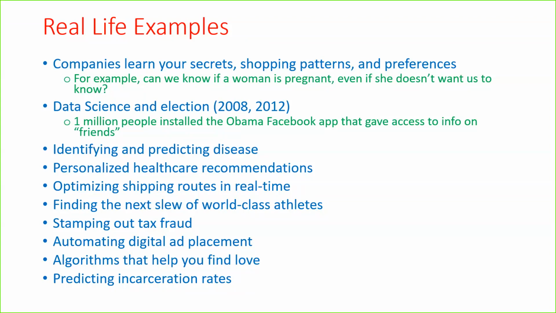Similarly, identifying and predicting the disease diagnosis, cancer detection, or tumor detection, or diabetes detection. We're going to see some of these applications hands-on also, like the diabetic diagnosis. We'll be looking at some applications hands-on, and personalized healthcare recommendations, or optimizing the shipping routes in real time, robot navigation routes.